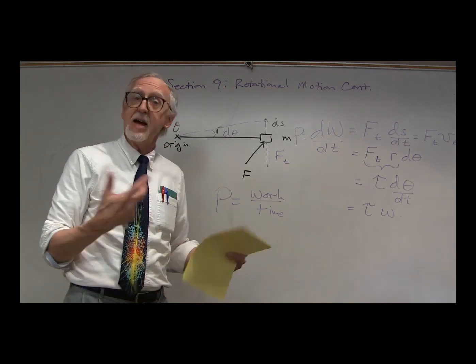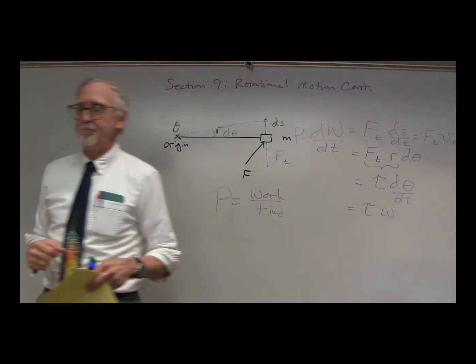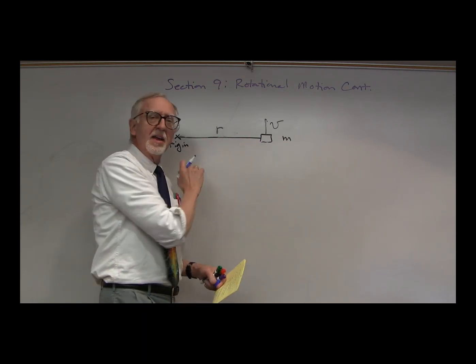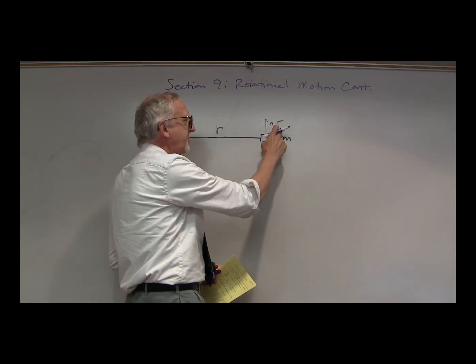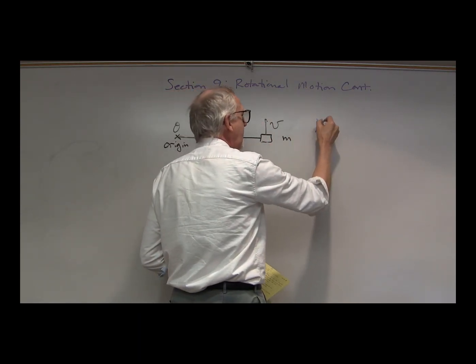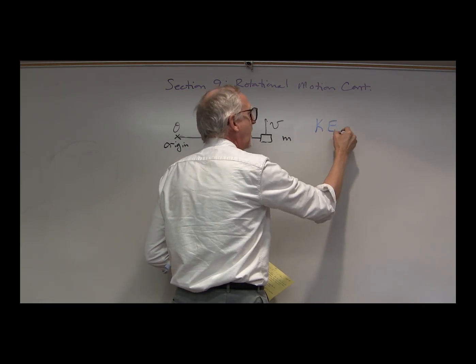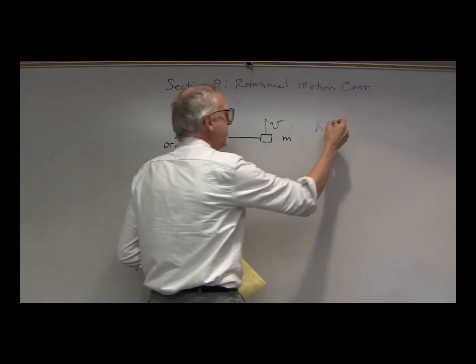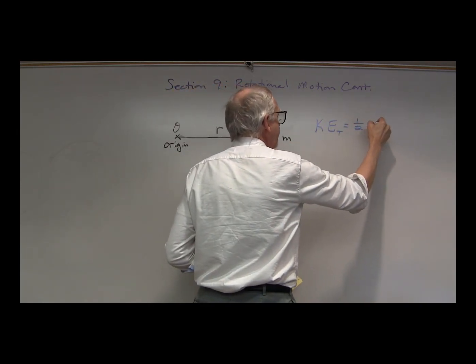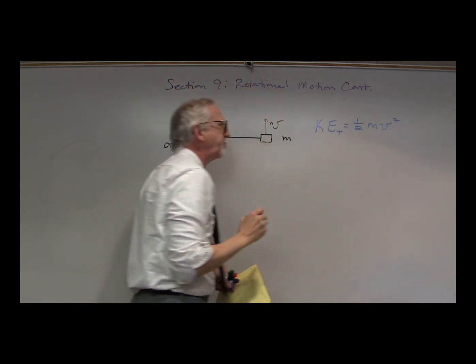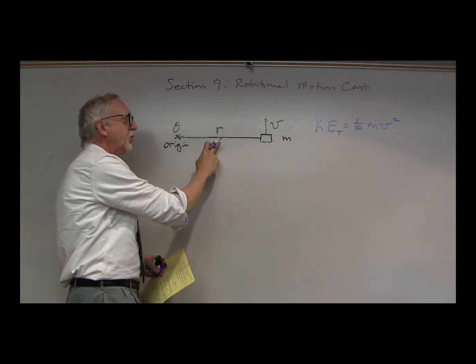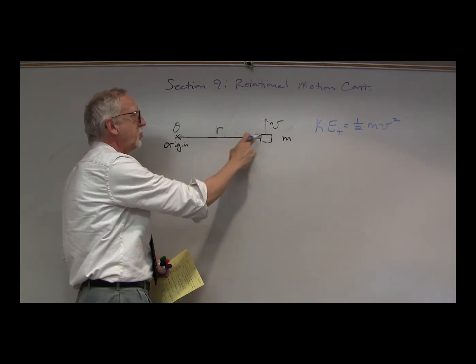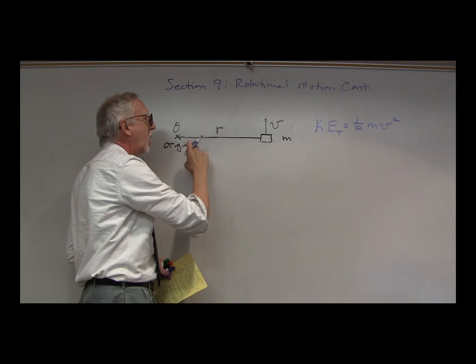What about kinetic energy? Well, let's take a look at that. What's the kinetic energy of this mass? If it's moving at some velocity v, we have that the linear, or I'll say KE sub capital T for translational kinetic energy, is 1/2 mv squared. But the velocity in terms of the rotational quantities, remember we know v is equal to r omega.